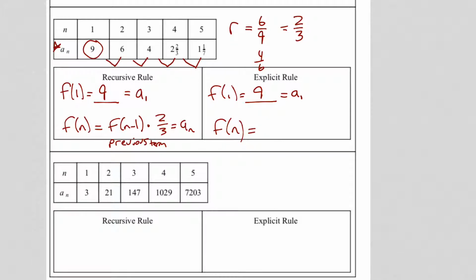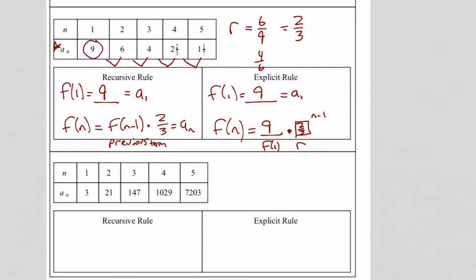It's basically equal to whatever f of 1 is times r, which goes here, to the n minus 1 power. So we know f of 1 is 9, and we know r is 2/3.